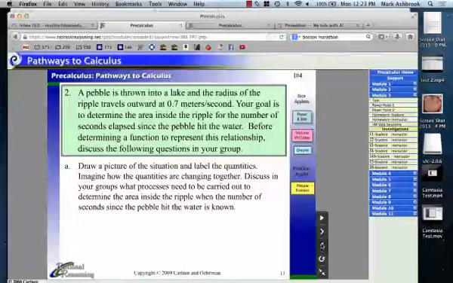As soon as the pebble hits, ripples start to form and travel outward from the center. Okay? So the ripple is traveling outward at 0.7 meters per second. And our goal in the end is to determine the area inside the ripple given a number of seconds elapsed. Okay? So you've got 3 different quantities going on here. You've got time elapsed since the pebble hit. You've got the radius of the ripple, and you've got the area of the circle formed by the ripple.